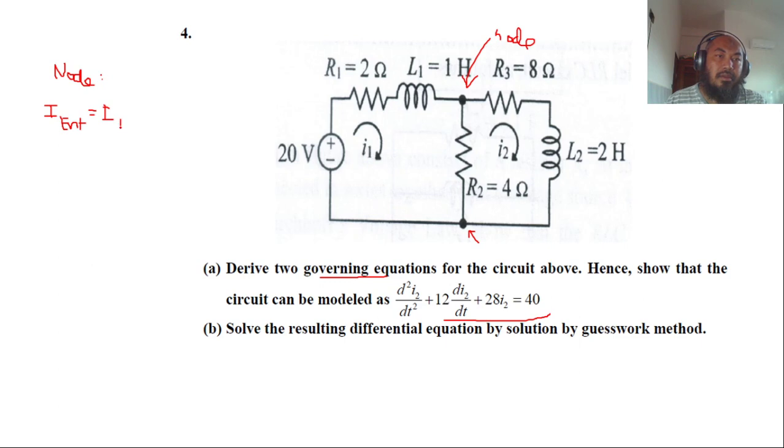So incoming current equals the exit current.